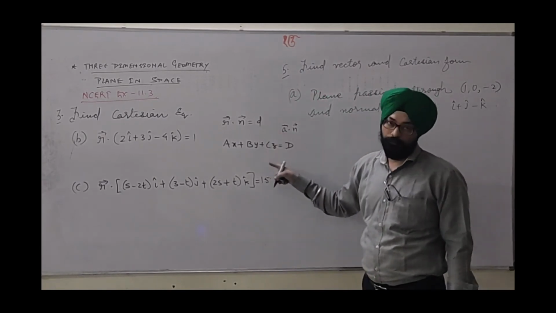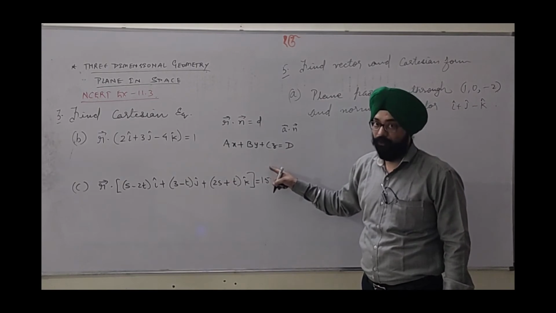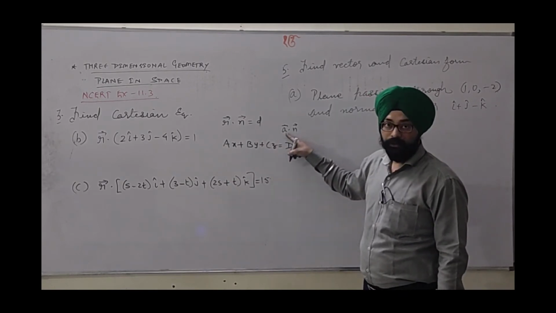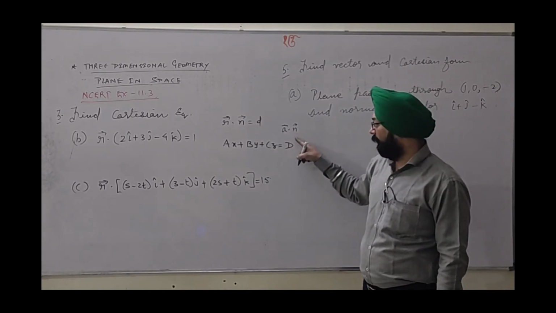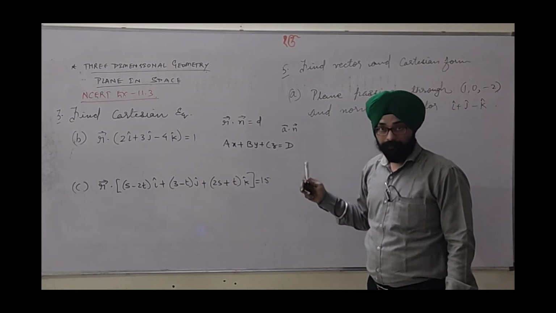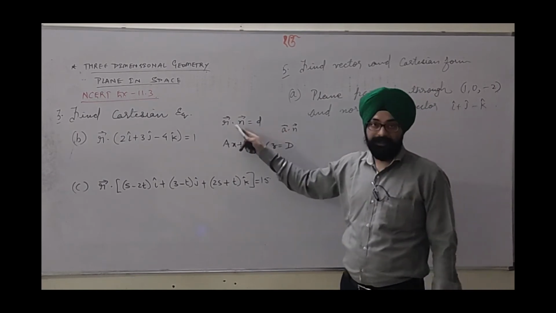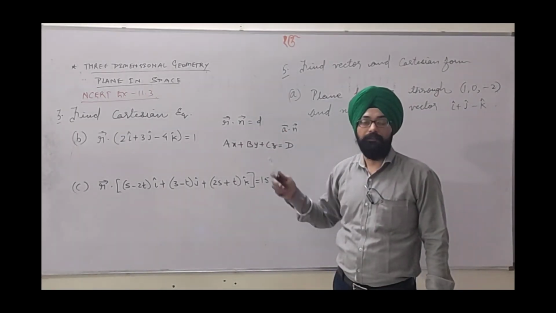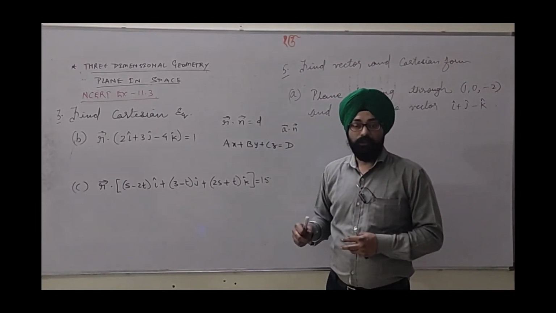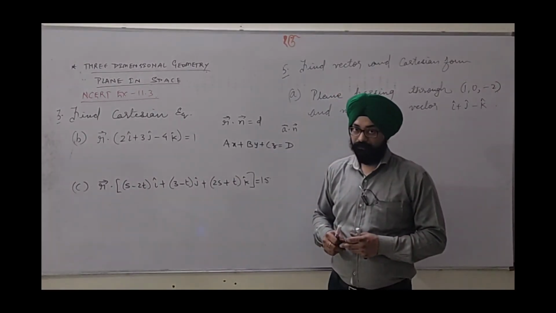When we use these two forms, a scalar product form, this d, the constant, is obtained using a vector dot n vector, where a is the position vector of a point lying on the plane and n is the same vector here. By the way, the question is to convert into Cartesian form.